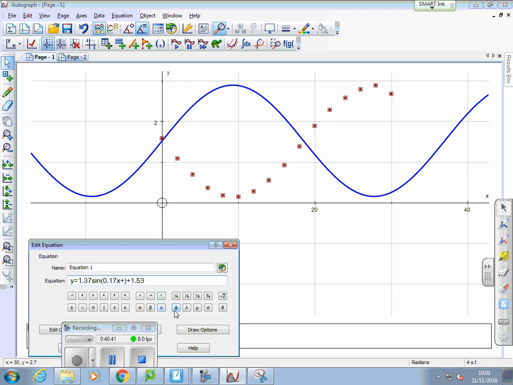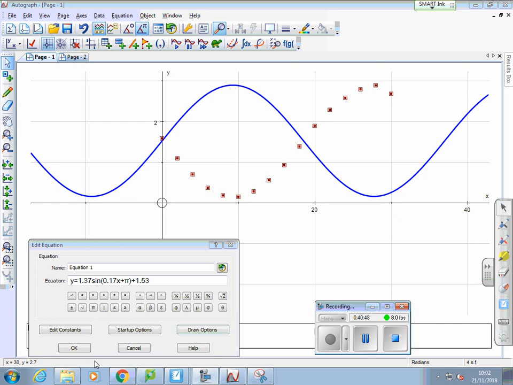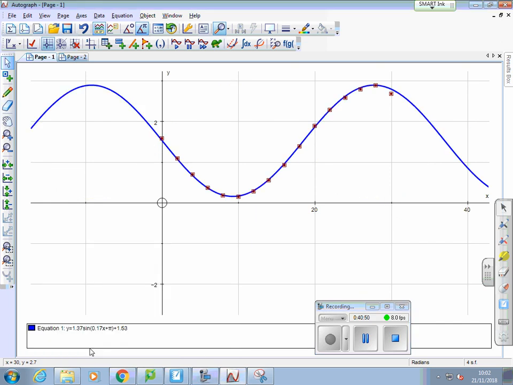Let's see if it really matters. Plus pi. No, because that's a complete half a cycle, whichever way you go, you'll get it right. But if it isn't, then you won't. You'll find out when you do the assignment, Callum, won't you?